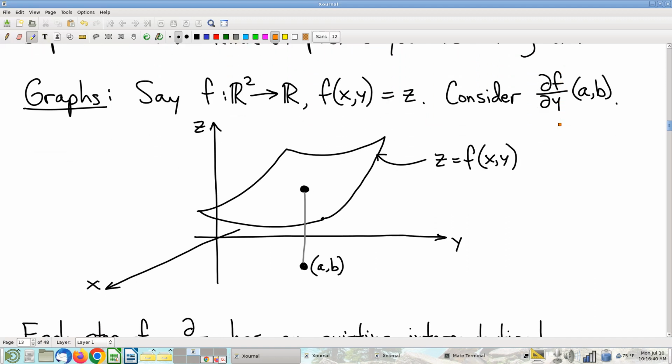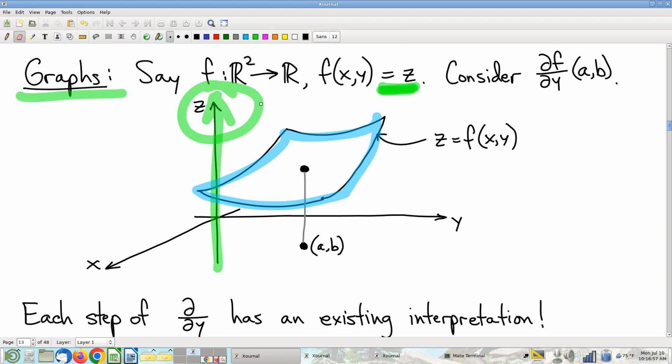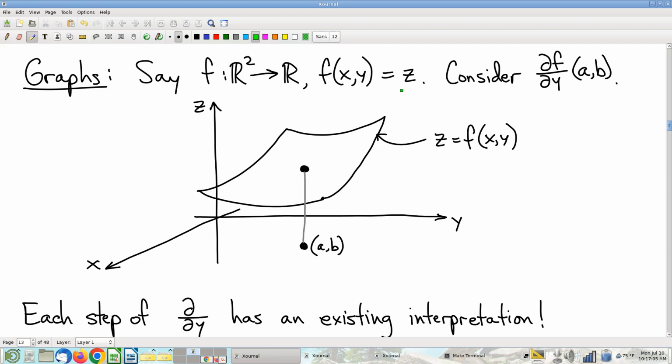So, okay, we're going to start with graphs. Now, just to be explicit, I know this is a graph because look at the algebra I'm looking at here, right? The way that I've set this story up is that this surface, being a graph, z is my output variable. I've set the function equal to z. That's what makes this a graph. Okay, so we're doing graphs here.